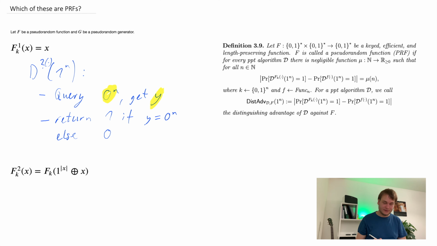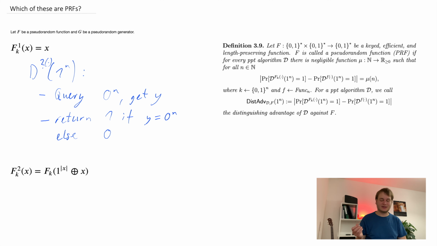Okay, and intuitively this makes sense, right? Because the idea would be that in the capital F function, if this is what he's querying in the first step, then he will get 0^n with probability 1. And if it's a properly random function, then the probability that the properly random function of 0 is also just 0 would be negligible.